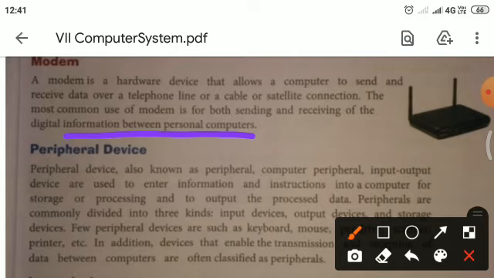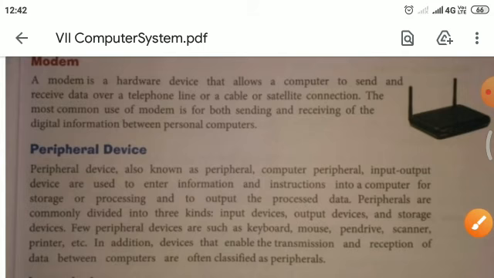And students, you can see in the picture, this is the modem. Okay students, and this is all about your computer system and the main components of the computer cabinet.